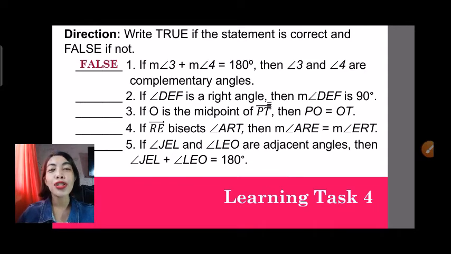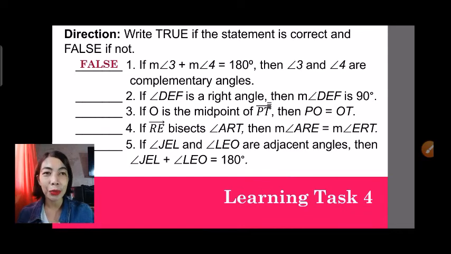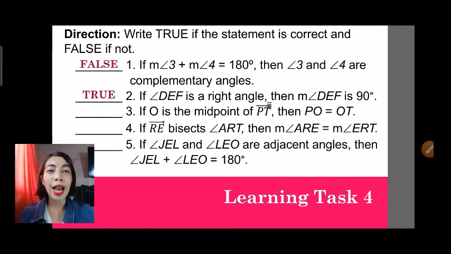It is supplementary. And number 2, if angle DEF is a right angle, then the measure of angle DEF is 90 degrees. Okay, that is true. If angle O is the midpoint of line PT, then PO is equal to OT.